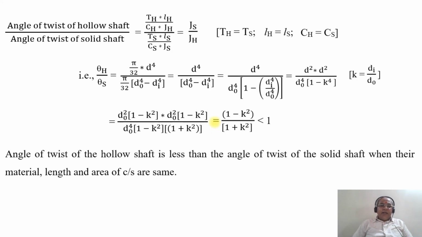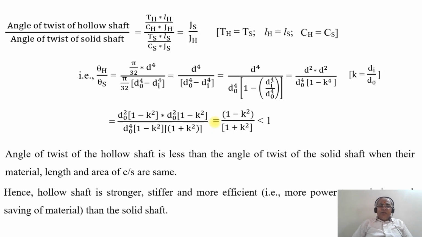From this we can say that the angle of twist of the hollow shaft will always be less than the angle of twist of the solid shaft when their material, length and area of cross section are the same. This is how you will be able to evaluate.